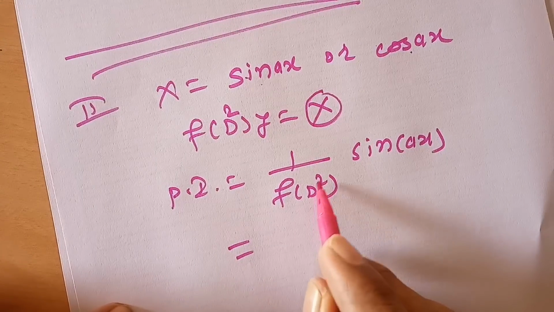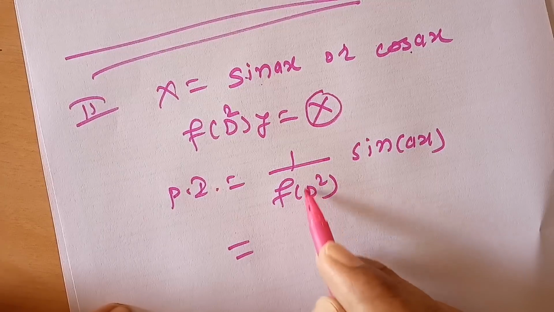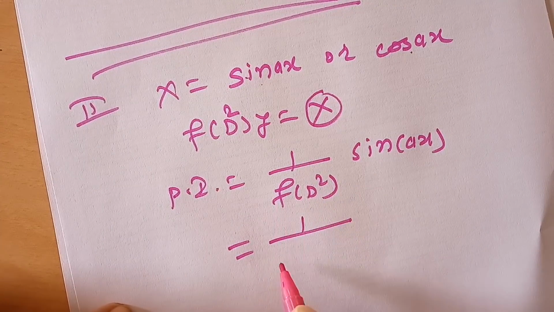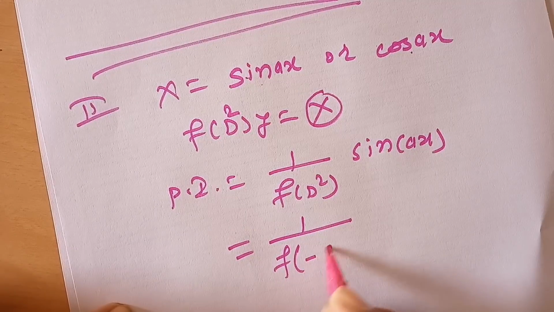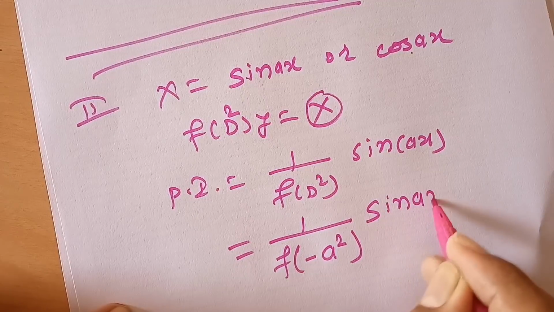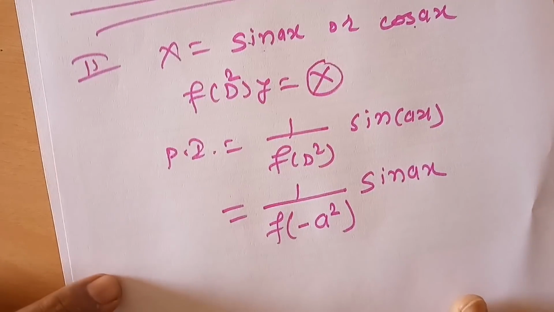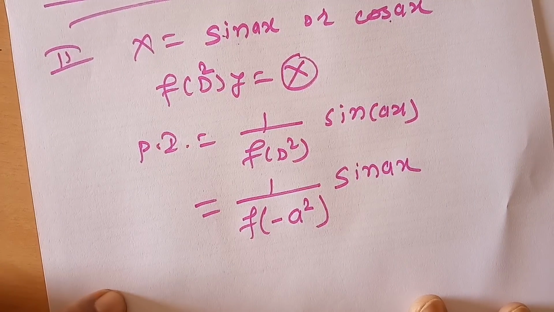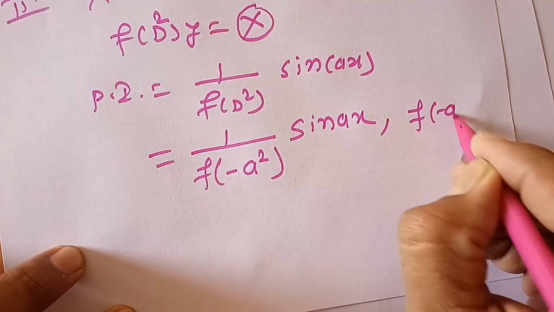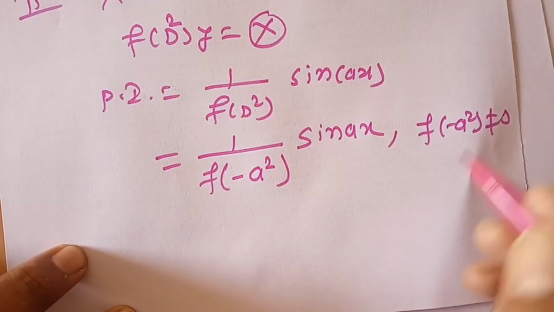This should be D squared, keep in mind this should be D squared, and here we have to write our PI as 1 upon f of minus a squared into sine of ax, or the same formula works for cos. Again, this denominator should not be equal to 0.